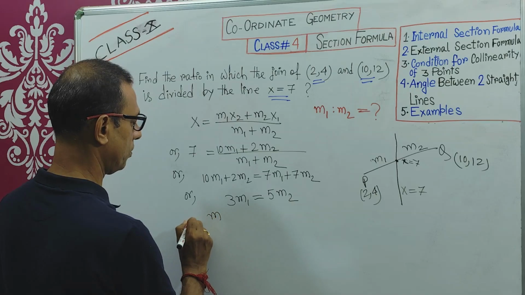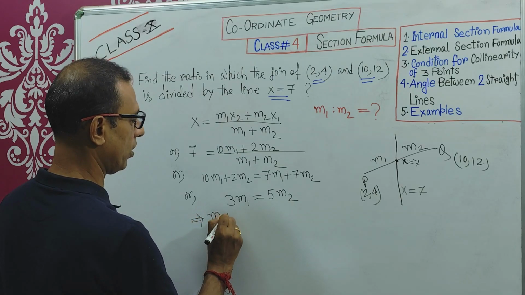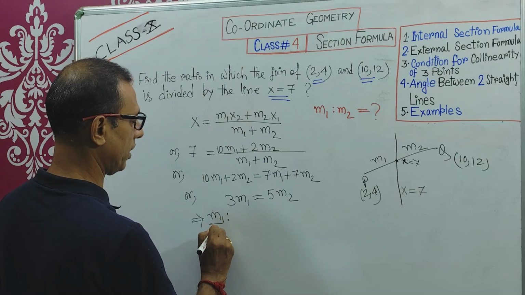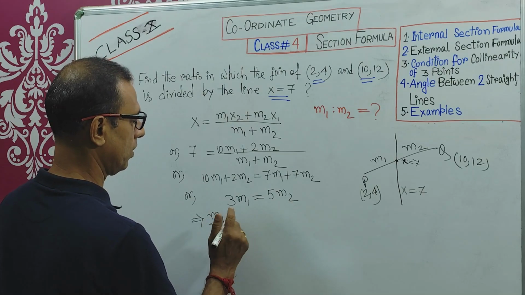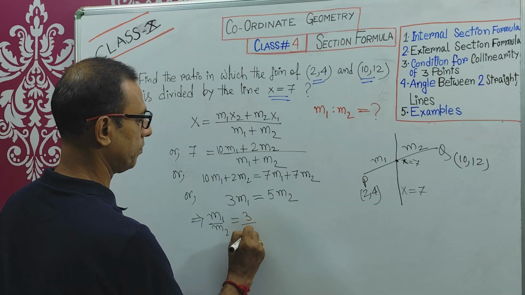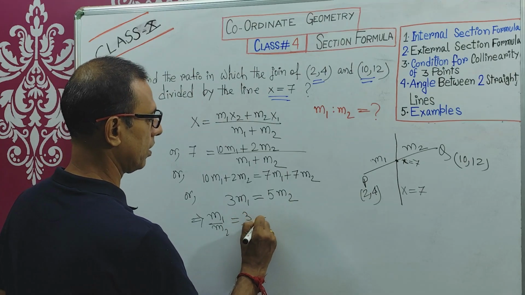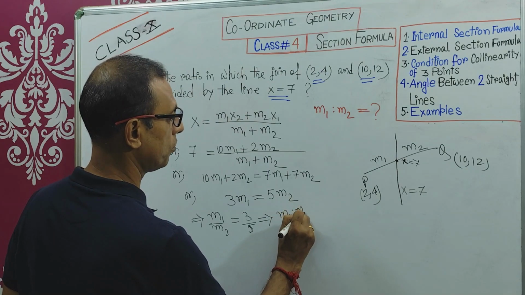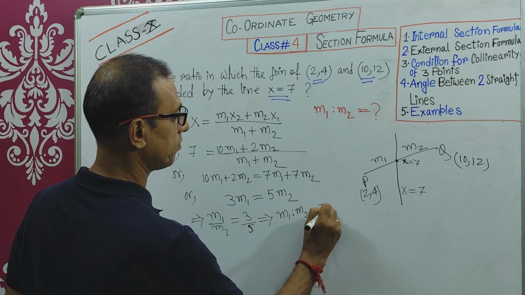So therefore m1 by m2 equals 3 by 5. That means m1 is to m2 equals 3 is to 5.